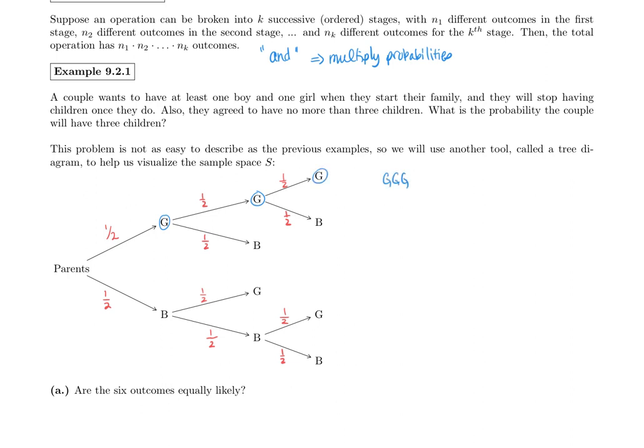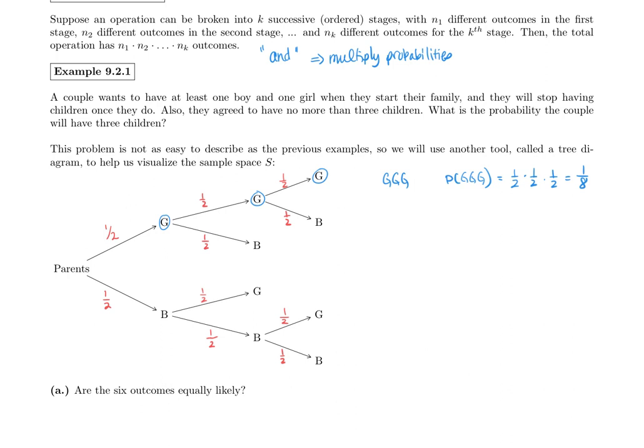So that outcome would be girl, girl, girl. And the probability of having girl, girl, girl would be the probability that we had a girl to begin with, which is 1/2, and we had another girl, which is another 1/2, and we had another girl, which is 1/2. So it is 1/2 times 1/2 times 1/2 for a total of 1 out of 8.